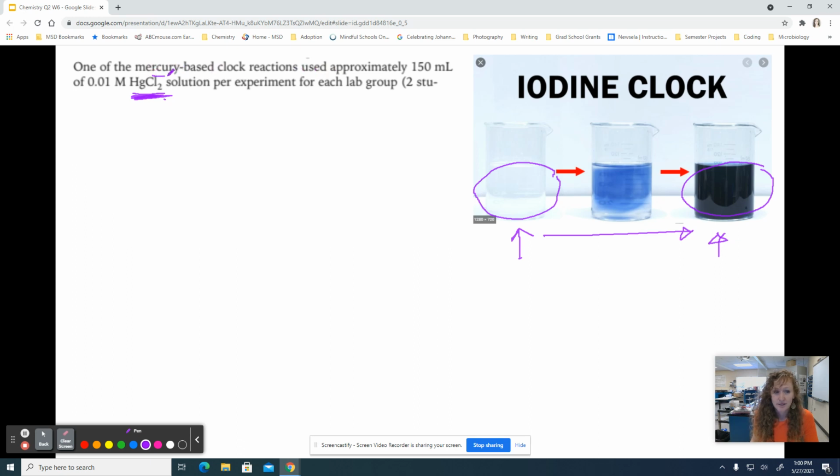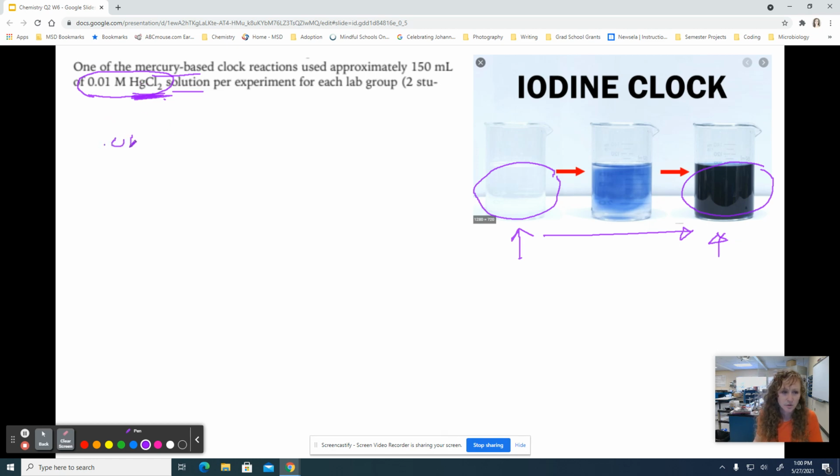And so we can look at this mercury-based clock reaction, and we can do calculations beforehand of how much mercury we would actually be disposing of every year. In order to do that, we need to know what the molarity is of our mercury chloride solution. Our mercury chloride solution that we would use for this experiment is a 0.01 molar solution.